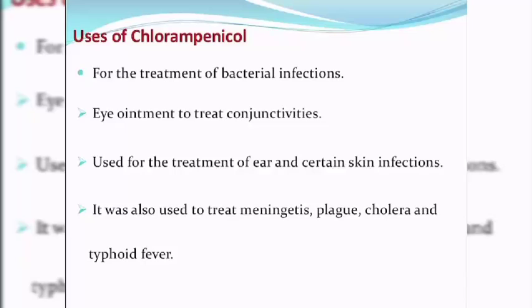It is also used in the treatment of ear and certain skin infections. Next is, it is also used to treat meningitis, that means inflammation of brain and spinal cord. This is typically caused by an infection.